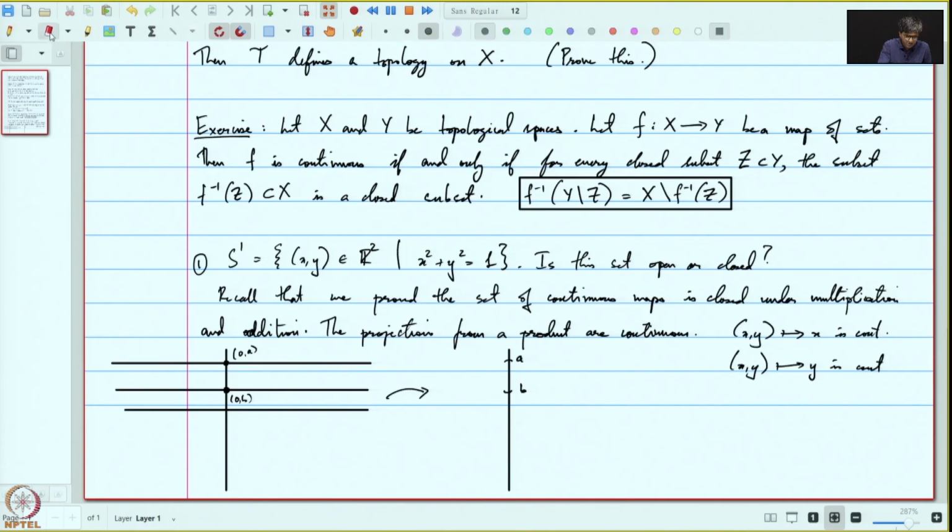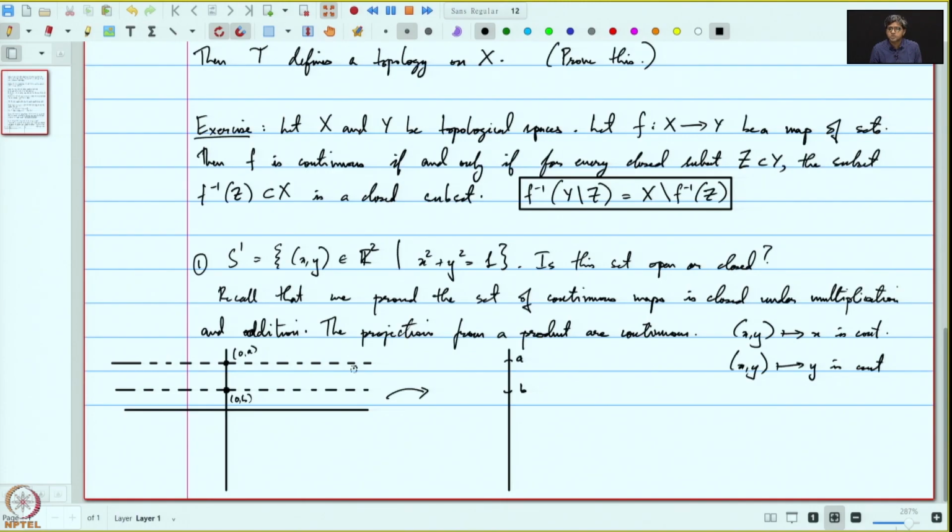And we have to take this open interval, so the inverse image of this interval is this tube, is this strip, if I may say so, and clearly this is open because given any point over here, we can always find a square like this.